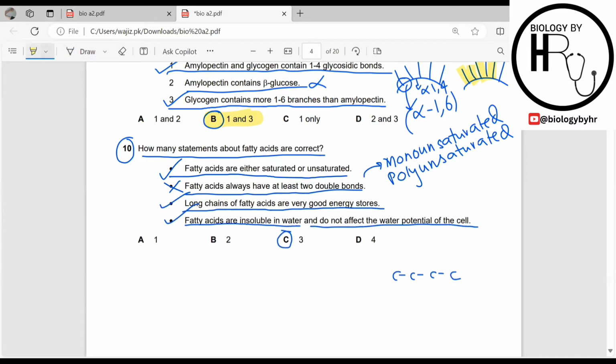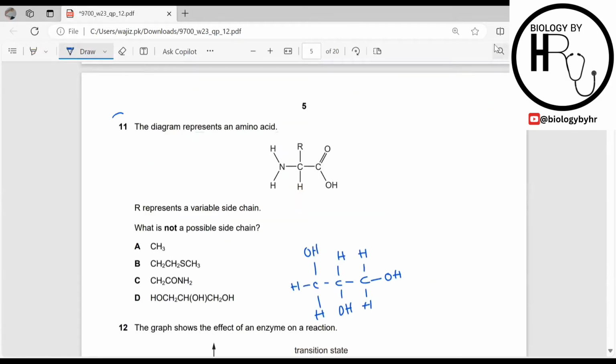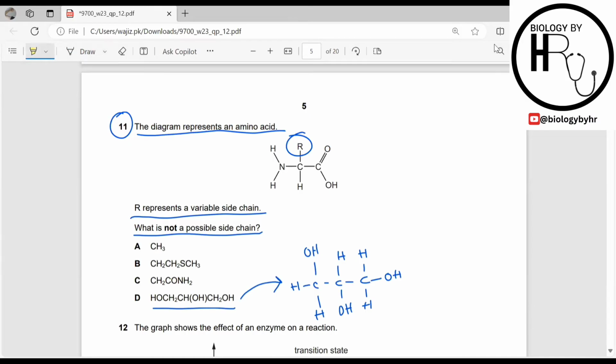Three statements are correct. Question number 11 says that the diagram represents an amino acid. R represents a variable side chain. What is not a possible side chain? You can clearly see in option D, the structure I have drawn over here, that all the carbon atoms in the side chain of D already have four covalent bonds, so it can't be bonded as a side chain to the amino acid.